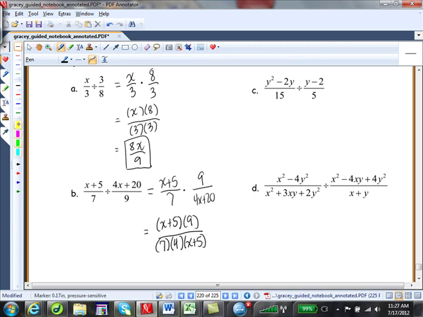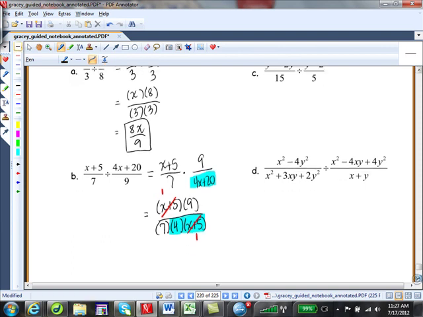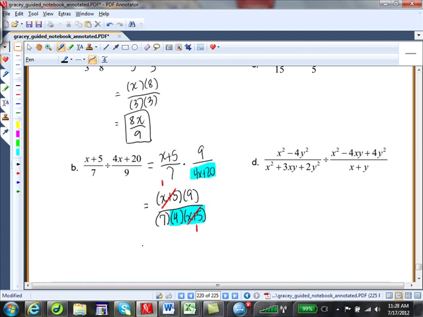So what I needed to factor was the 4x plus 20, and that's how it factored. Looking for common factors, I've got a factor of x plus 5 I can divide out, and then I have no other common factors, so multiplying 1 times 9 is 9, and then 7 times 4 times 1 is 28, and we're all done.